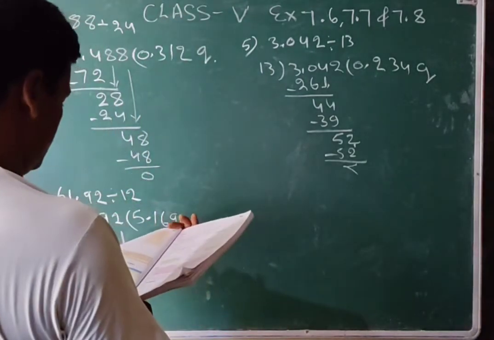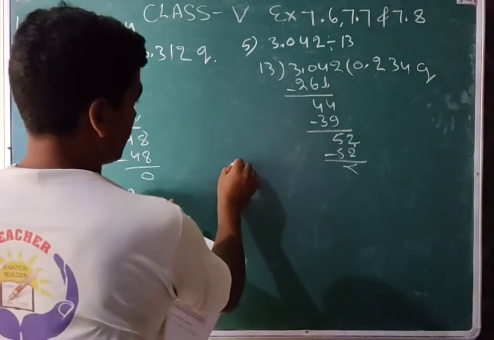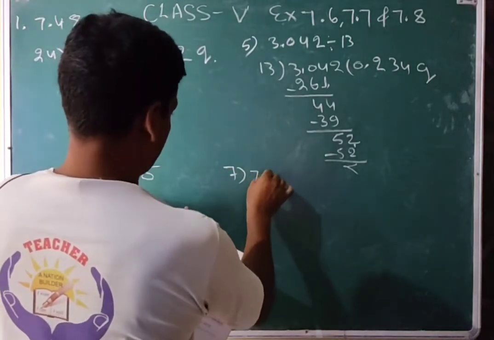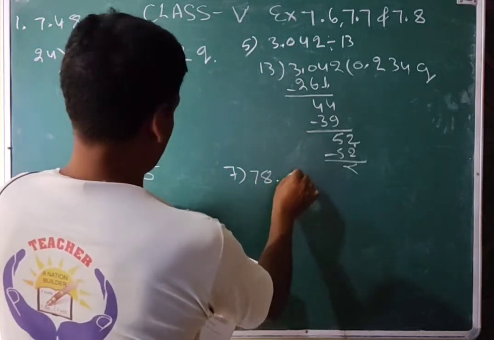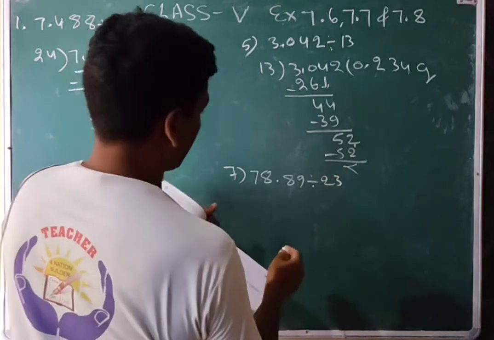And then the 8th table you know very well, 23, it means the 7th question: 78.89 divided by 23.